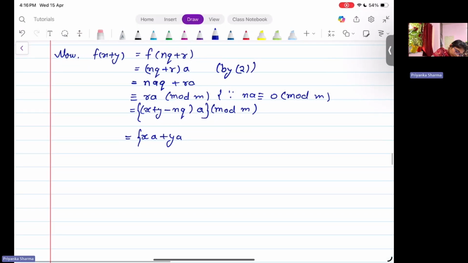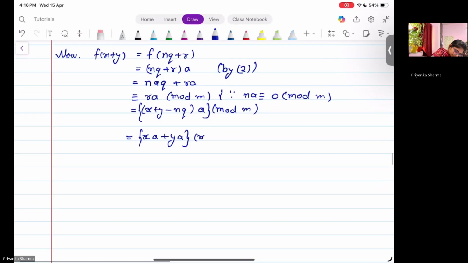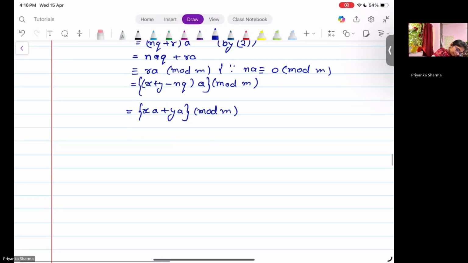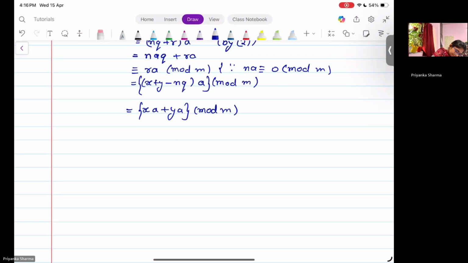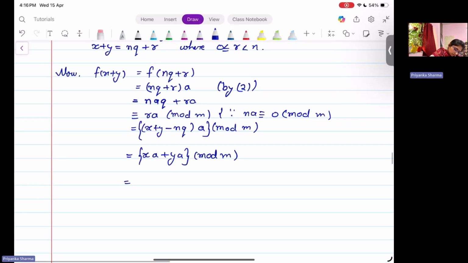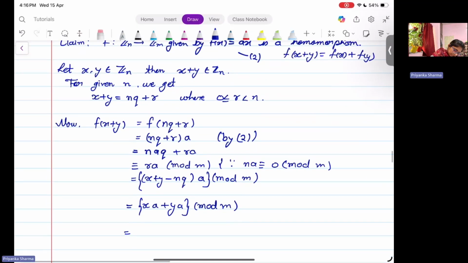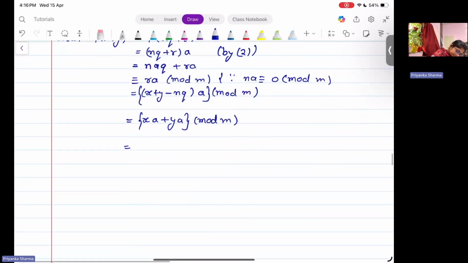So we have only this: xa or ax, so this will be f of x and this will be f of y.